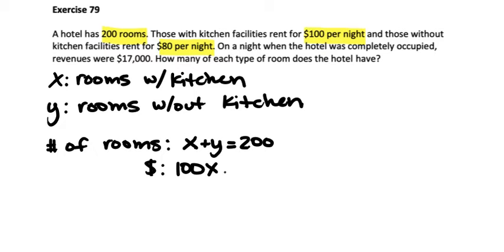Without kitchen, rents for $80 per night. So 80 times the number of rooms without a kitchen, and the total revenue is $17,000. So if I add those two amounts together, the amount that I make in total from with kitchen, the amount that I make in total from without kitchen, that should give me a total of $17,000.